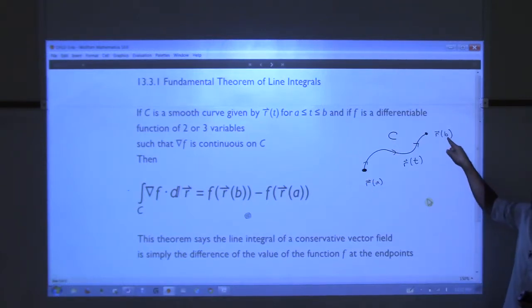And if you plug B into this curve, it's going to spit out that one. Understand?